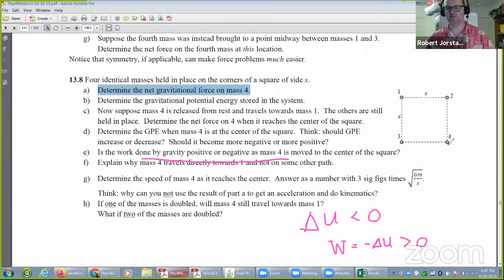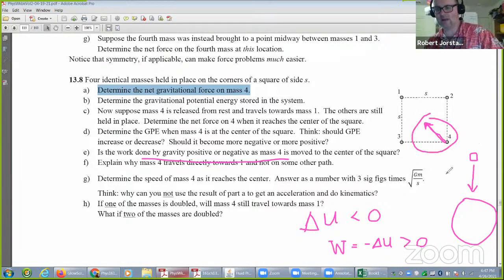Think about it like this. When this mass goes towards the center, that's equivalent to a box falling towards Earth, right? This is falling together. It's getting closer to the other masses on average. So this picture is equivalent to that picture down there.